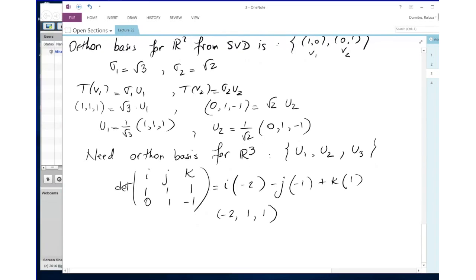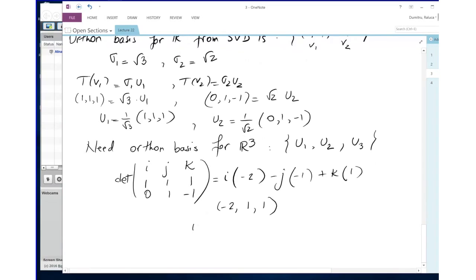I want to make it of norm 1. The length is 4 plus 1 plus 1, 6, so the square root of 6. So here is the third vector, right?